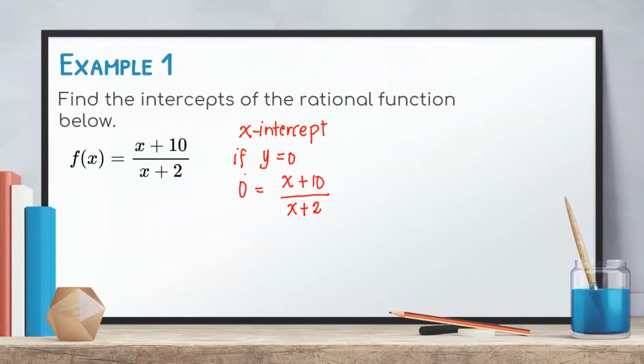Remember that since this is 0, when we cross multiply, 0 times x plus 2 will still be 0. So we will have 0 equals x plus 10. To solve for the value of x, isolate the constant to the left side of our equation. So we're going to have x equals negative 10. Therefore, the x-intercept of the rational function is negative 10.